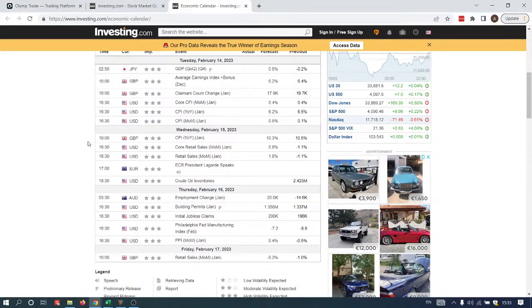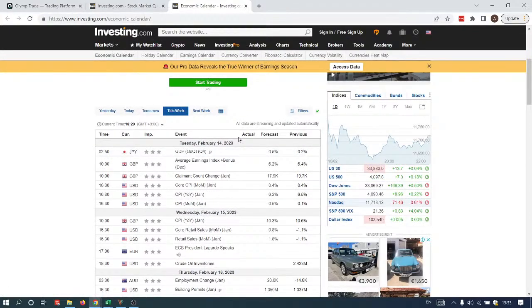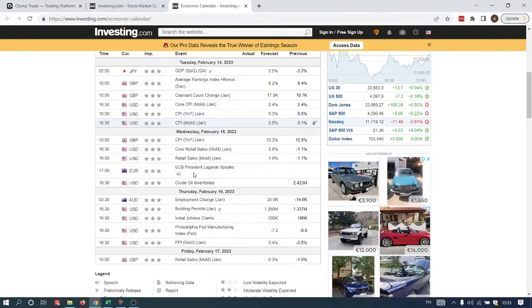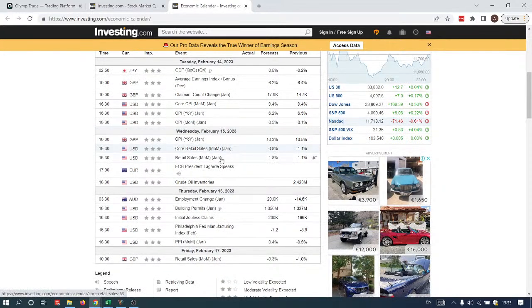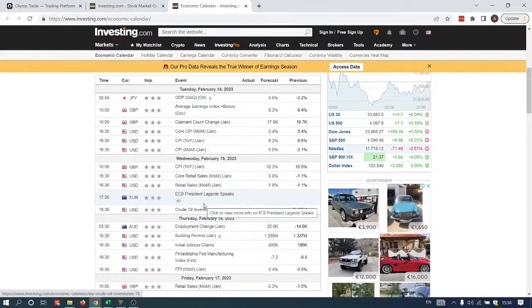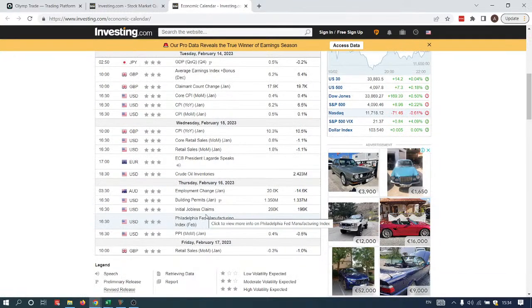We have no releases today, and then on Tuesday we have a big portion of releases: Japan GDP, the United States again, inflation data. I wouldn't say this is the busiest week of the month. I'd say it's pretty moderate, but still we have pretty many news coming from the United States.